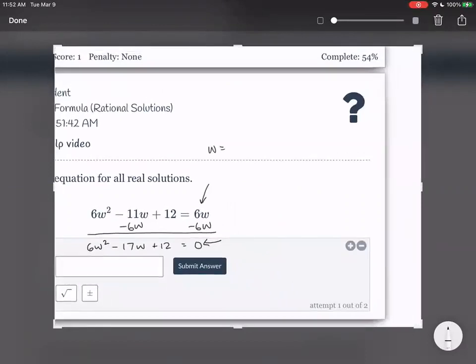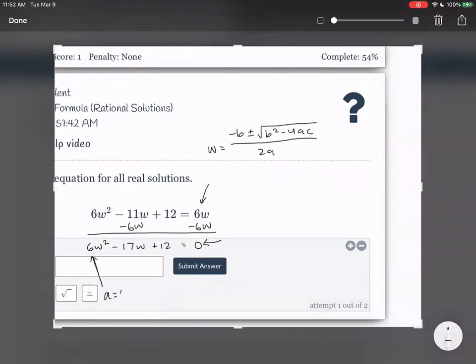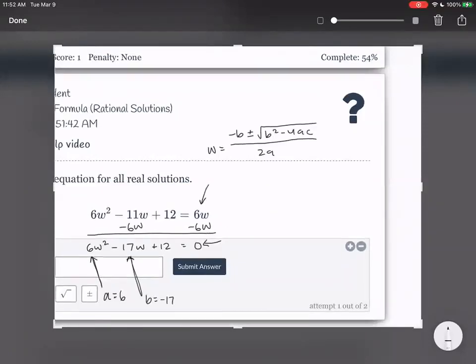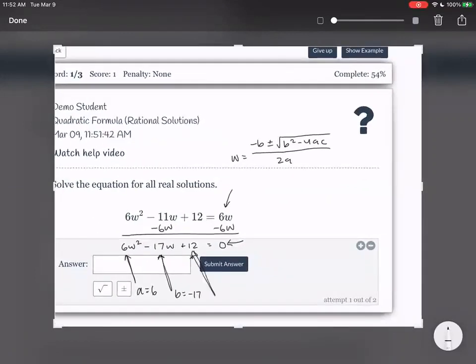So w will be equal to negative b plus or minus the square root of b squared minus 4ac all over 2a. Okay, so what is our a, b, and c? Remember that a is the number here, so a is positive 6. B is the number over here, so b is equal to negative 17. And c is that number, so c is equal to positive 12.